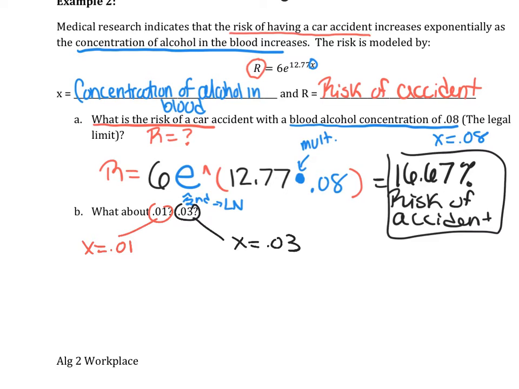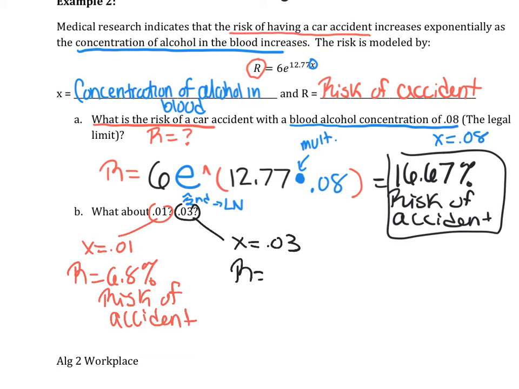All right, so for a blood alcohol concentration of 0.01, so when x equaled 0.01, you should have got R to equal 6.8%. So that's a risk of an accident. And then for a blood alcohol concentration of 0.03, x equal to 0.03, you should have got 8.8% risk of an accident.